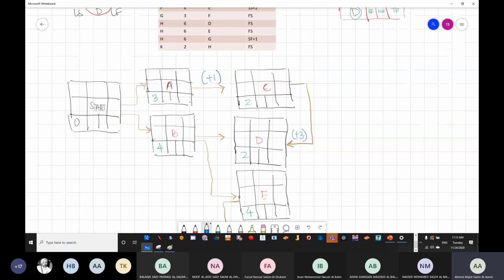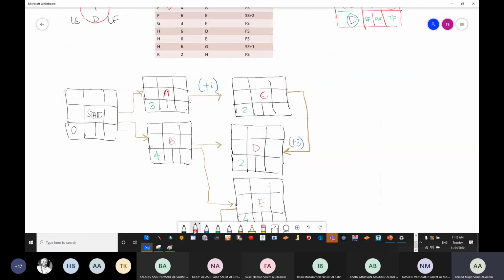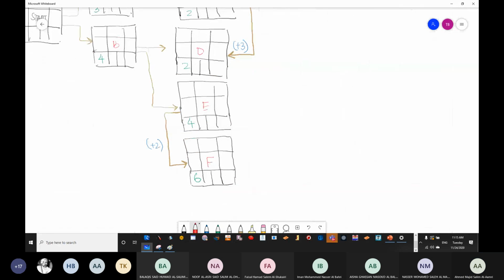Now after we finish from F, we are going to go to G, and you can see the relationship is finish F to start G. So I'll go here. I'm going to draw G here.